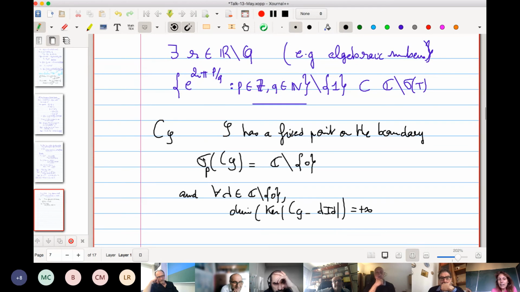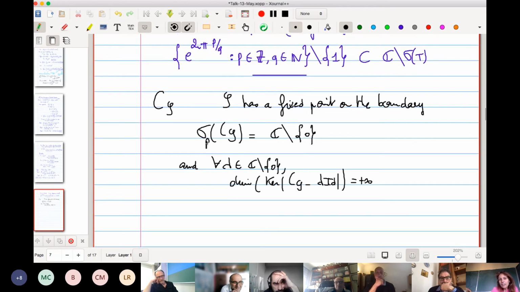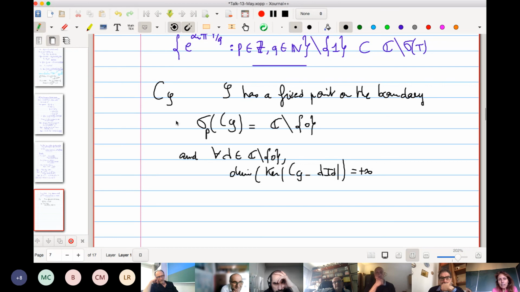So you can tell the end of the story in this case without a weight, because the point spectrum is as big as possible, and then the spectrum of C phi will be equal to the point spectrum, even only if phi is an automorphism.